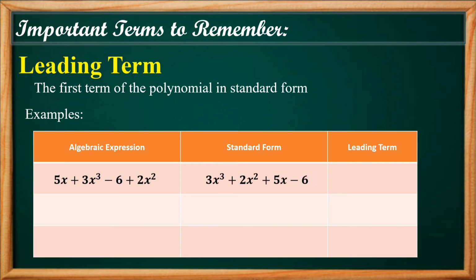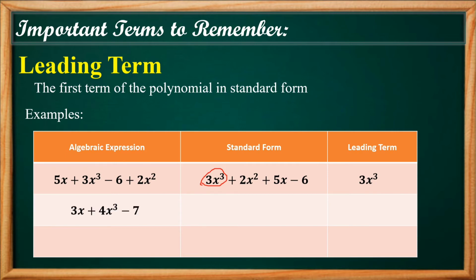Example, the standard form is 3x cubed plus 2x squared plus 5x minus 6, that would be the standard form. Kasi nga, in-arrange natin siya based sa kanilang degree each term. Then, ang nauna, syempre, ito yung nangunguna na term sa standard form, then that would be our leading term.